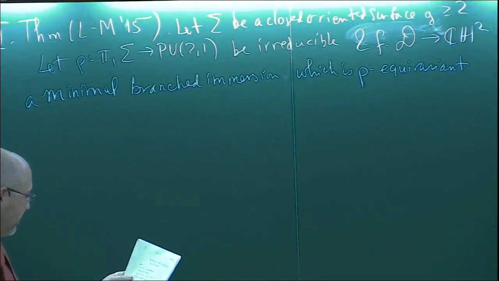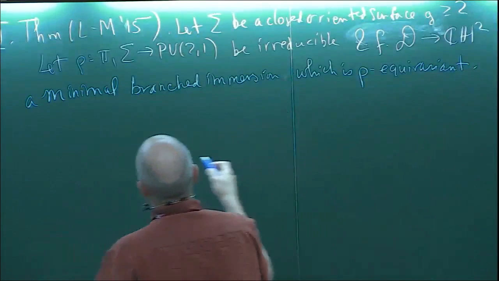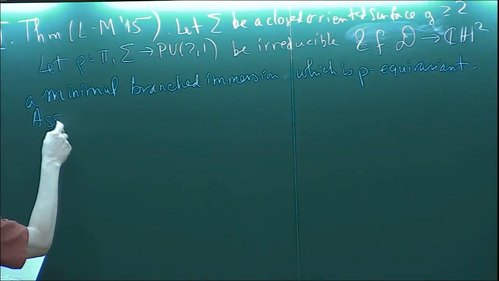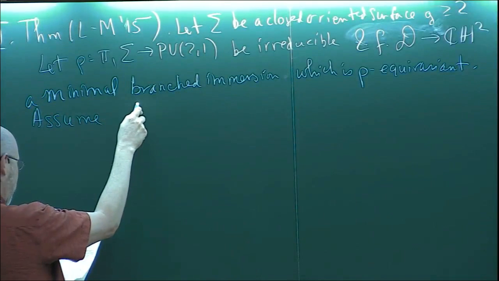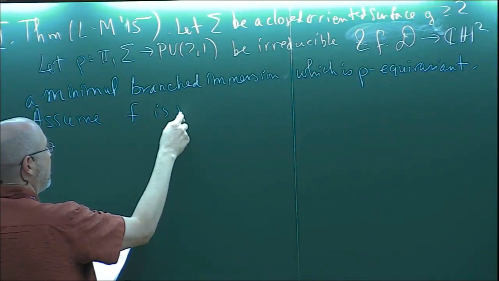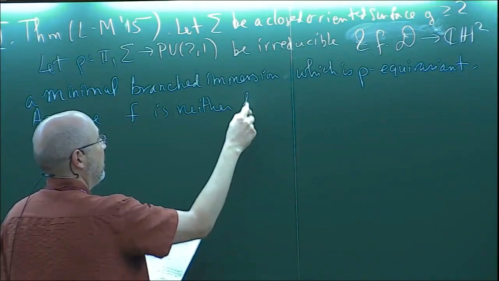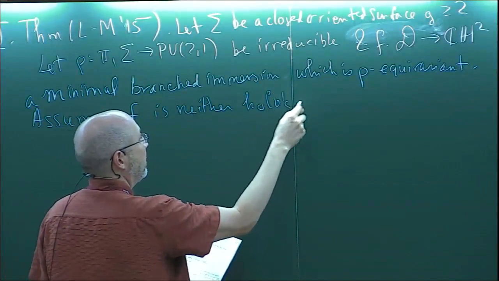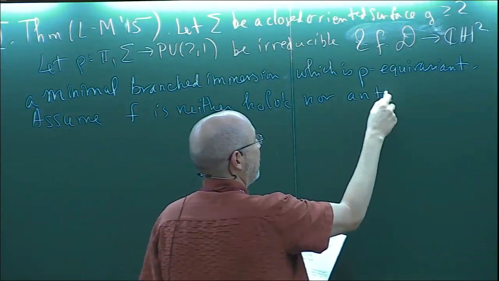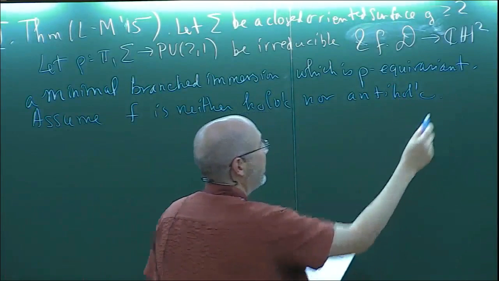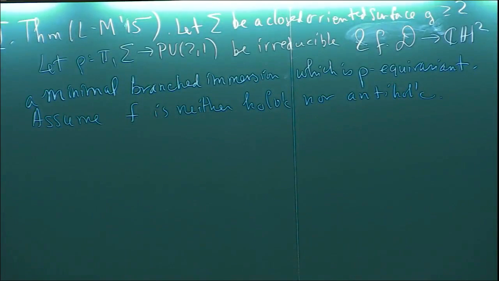Okay, and so we're going to make an additional assumption. This is a generic assumption, that F is neither holomorphic nor anti-holomorphic. So we're considering these as real embeddings, as a map of the unit disk.